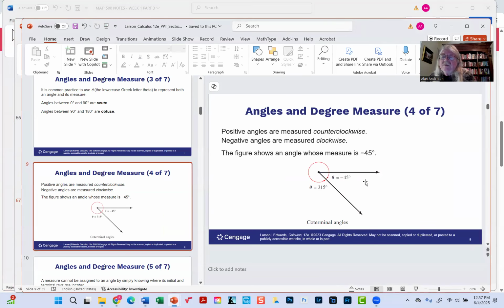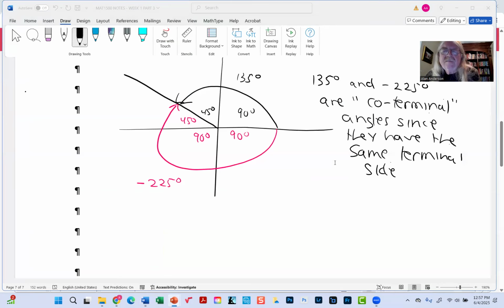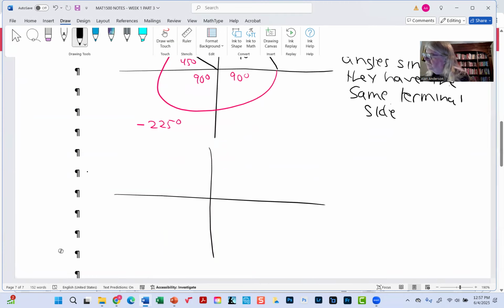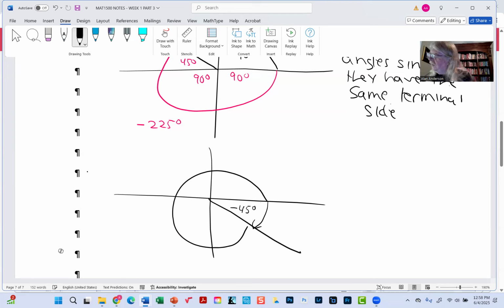So notice in this example, they went halfway down into the fourth quadrant. Actually, let me draw the whole circle so you can see it better. So it's halfway into this fourth quadrant.